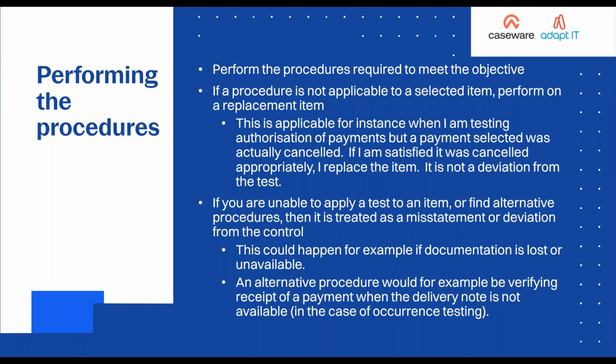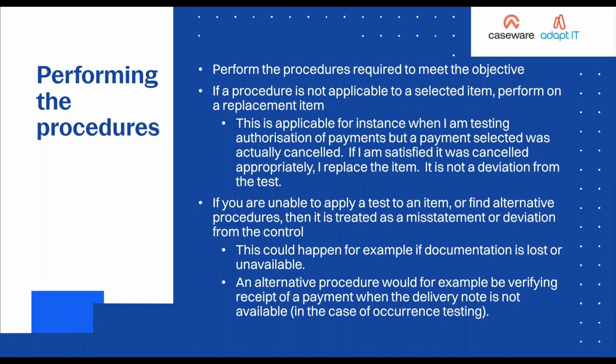Because if we should not have ordered the stuff, or if this was not for our business but for another business, or if we never got the stock, then surely the people approving the payment would not approve the payment. Right. So that could be, I almost want to say, alternative evidence to prove that the transaction still occurred. But if we're testing that the control was applied, well, we can say, okay, so the payment was at least authorized, but we would still need to address the fact that there was none of these order forms.